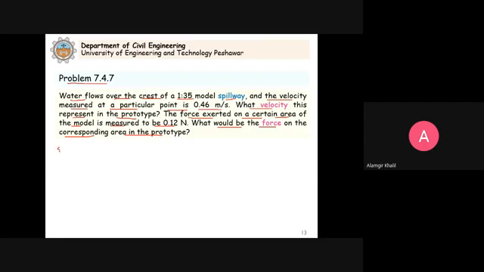Now, in order to solve this problem, you can see that it is not stated which dimensionless number you consider for dynamic similarity, which is in addition to kinematic and geometric similarity, that we have just studied. We have to calculate the velocity in the prototype for the velocity which is given in the model.